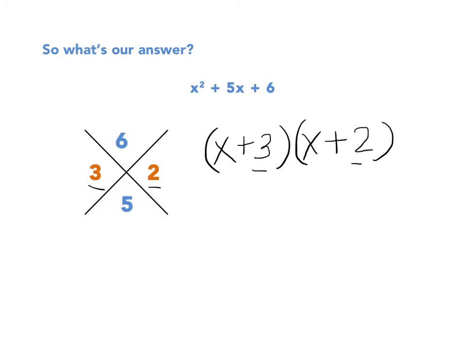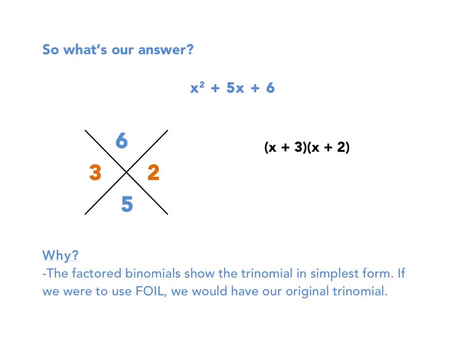But why do we do this? Make sure you get down this sentence here of why are we doing this. The factored binomials that we have right here show the trinomial in simplest form, and that's what factoring is all about, putting something in simplest form. And if we were to use FOIL, we would have our original trinomial.